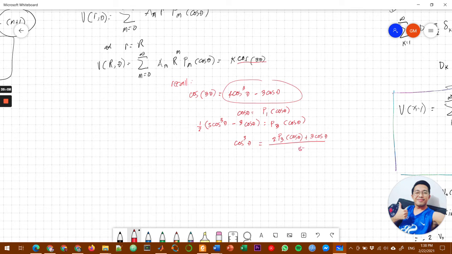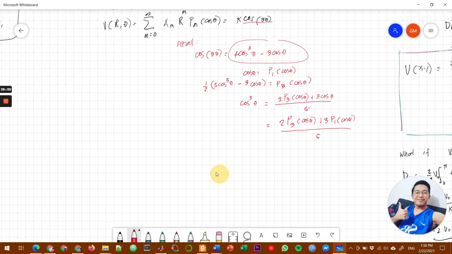Okay, I hope that's clear. So this is actually 2P3 cosine theta plus 3, where cosine theta is just P1, right? P1 cosine theta over 5. So this is cosine cube.